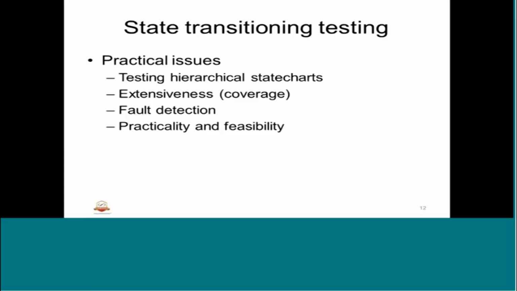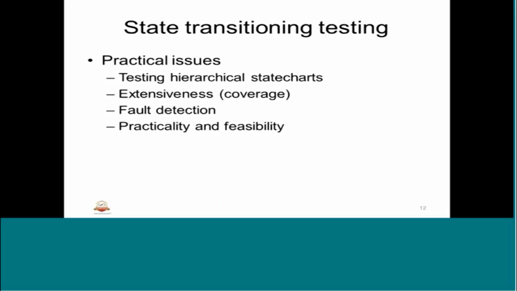So in that case, we have to do other methods to overcome this practical issue. That's what it means. The effectiveness of the state-based test method can be modified by deciding to what extent the dependencies between the successive transitions are tested. It depends on the method.